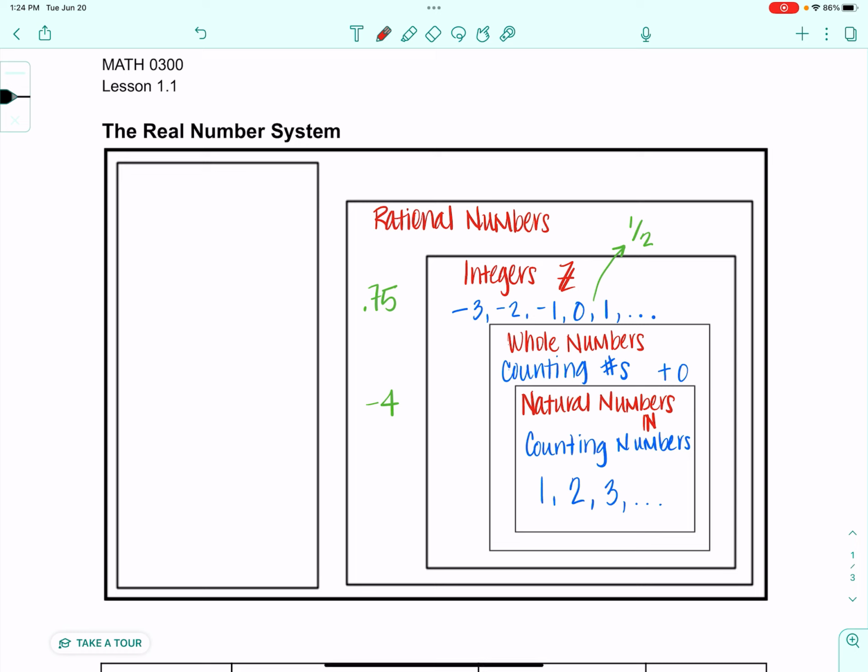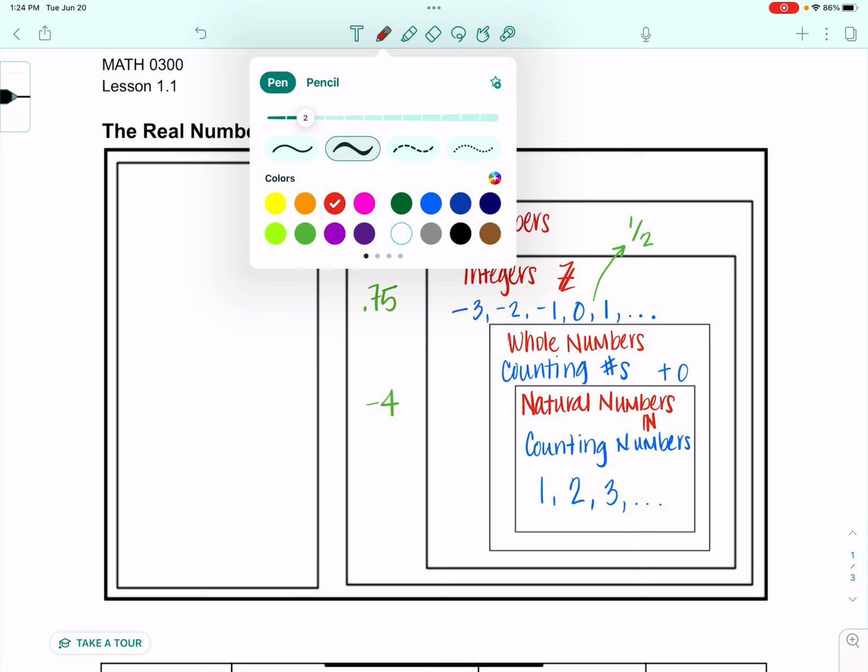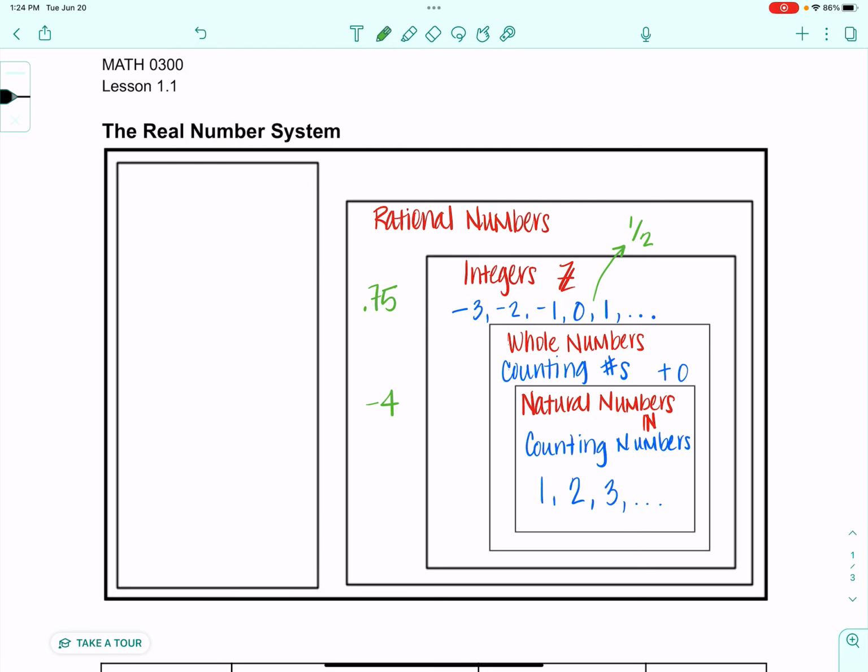This includes fractions and decimals. Remember, though, that even whole numbers can be expressed as a fraction. I could go right down here and change this -4. I'm going to move it over. Remember, it can be written as -4/1. So now it's a fraction.